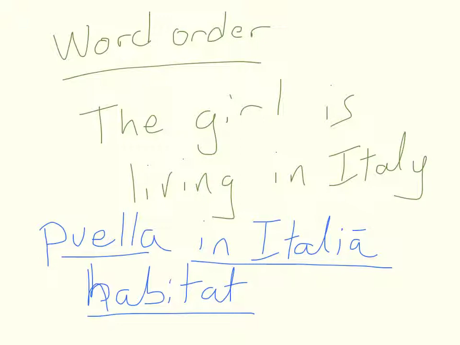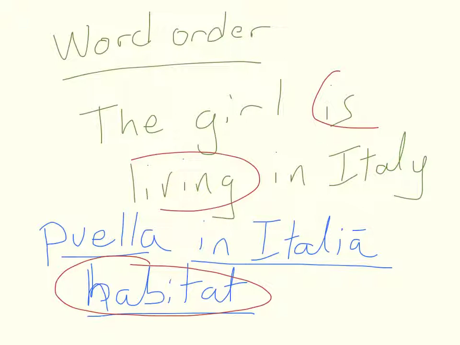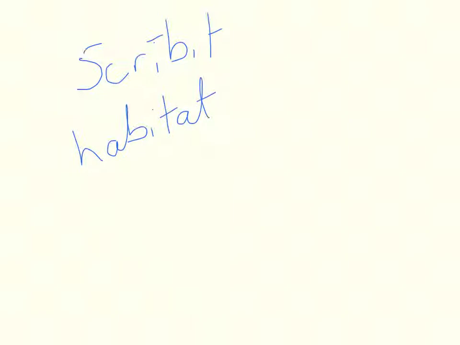Most often, the difference in the word order, especially here in the first chapter, is just that the verb, habitat, is living, is positioned last. We're going to see verbs like scribit, we see habitat, we see legit, we see sedet.